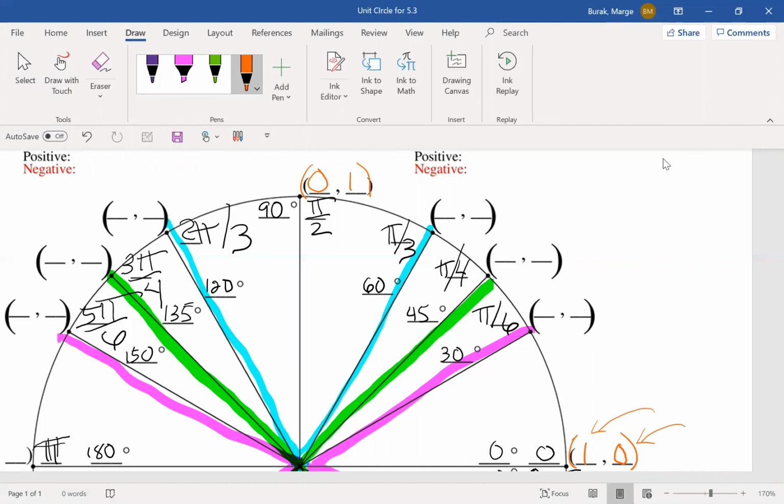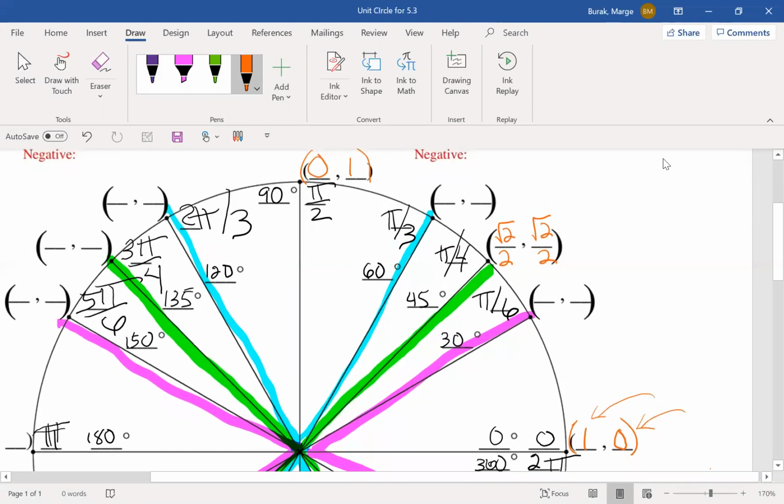If you recall on the special triangle, for 45 degrees, radical 2 over 2 is the x, and radical 2 over 2 is the y. That's the one where they're exactly the same, halfway in the middle. Now, on the 30-degree triangle, across from the small angle is the smaller number.